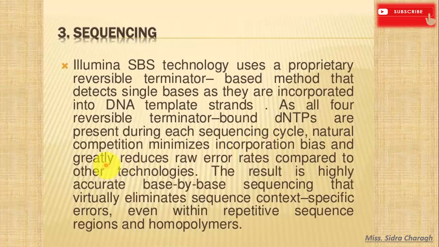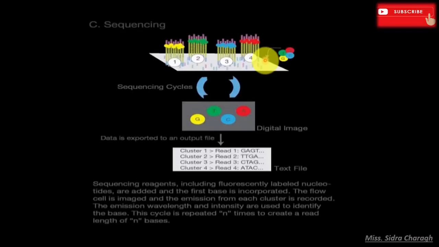Natural competition minimizes the incorporation bias and greatly reduces the raw error rate compared to other technologies. The result is highly accurate base-by-base sequencing that virtually eliminates sequence context-specific errors, even within repetitive sequence regions and homopolymers.